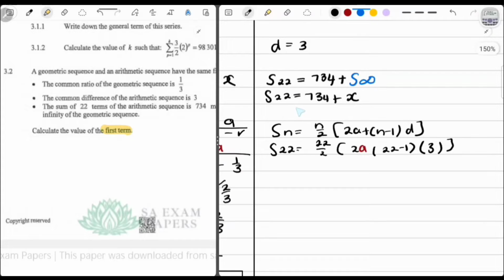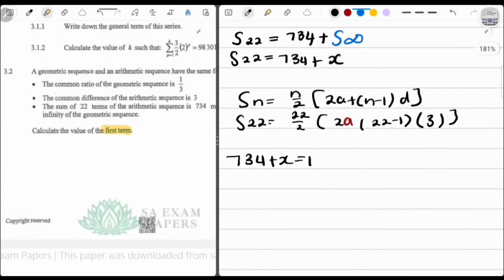Now I can fill in place of S of 22. I know that this is equal to 734 plus x. So I'm going to just replace that. 734 plus x, which is equal to 22 divided by 2, which is 11. And then we have 2a, and this is going to multiply together. So 22 minus 1 is 21 times 3. 21 times 3 is 63.